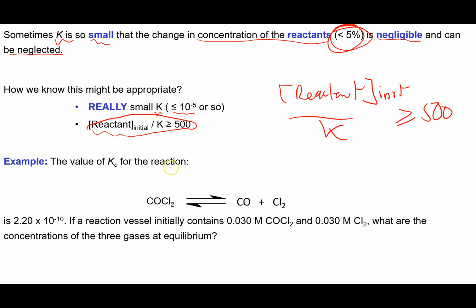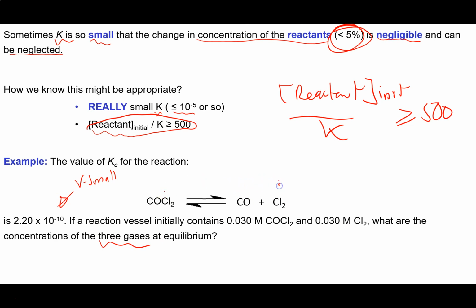So here we've got this reaction. The value of Kc for the reaction, COCl2 in equilibrium with CO and Cl2, is 2.2 by 10 to the minus 10. Now that is very small, right? So basically, it's going to really favor the left-hand side. It says if a reaction vessel initially contains 0.03 moles COCl2 and 0.03 moles of Cl2, what are the concentrations of the three gases at equilibrium?